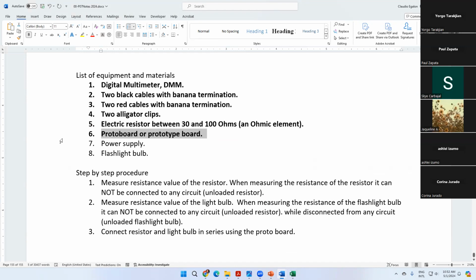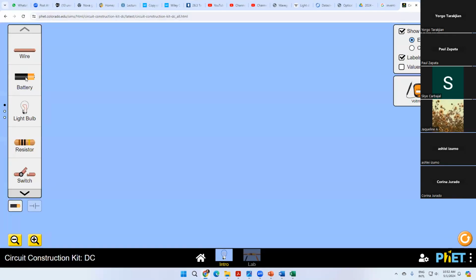As we go along, as I introduce each element, I will draw it on the board. Here is the resistor, connected to the light bulb. Notice that I connect a wire to one end of the resistor and a second wire to the other end of the resistor.